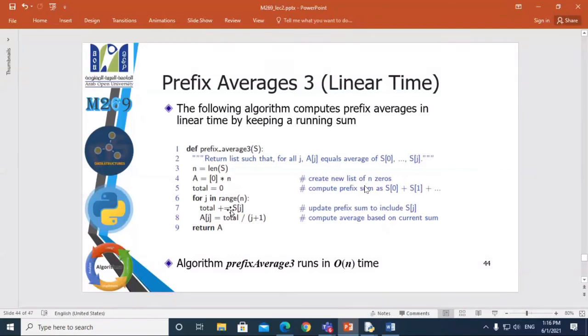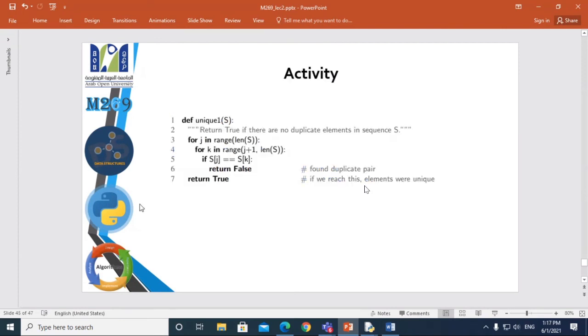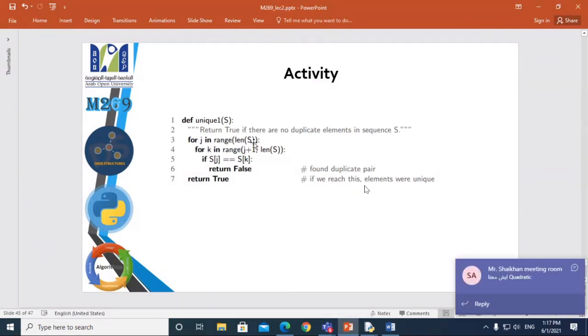You will tell me big O of n, correct, wrong, why is it wrong. So we'll start solving problems until we reach it, not easy, but God willing. Look at this activity: for j in range len(s), so it depends.